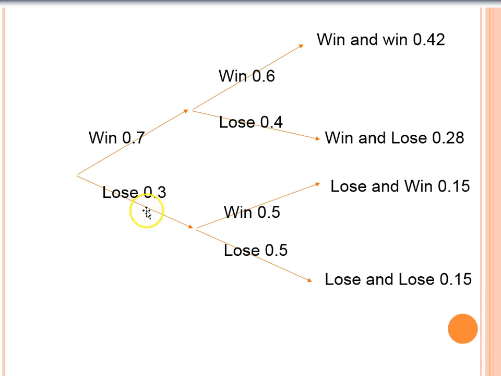Lose-lose is just 0.3 times 0.5, which gives us a probability of 0.15. This last column, its probabilities, are what we're interested in because these 4 outcomes are the outcomes we're interested in determining the number of games won, or the expected number of games won.